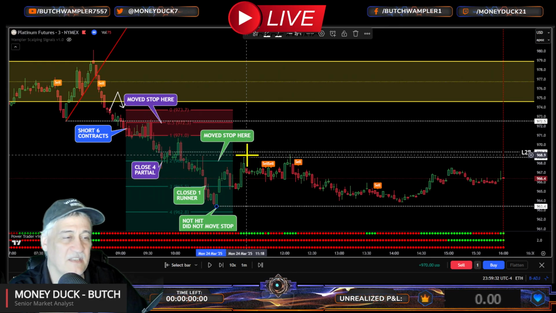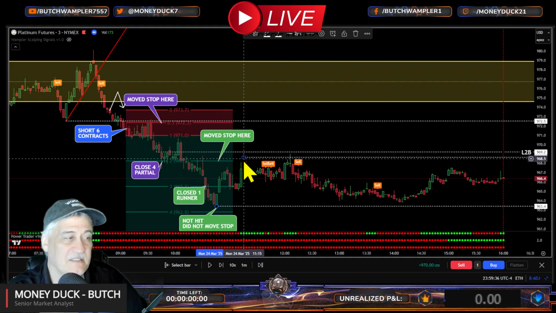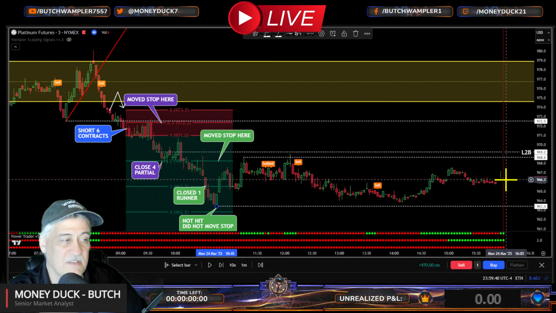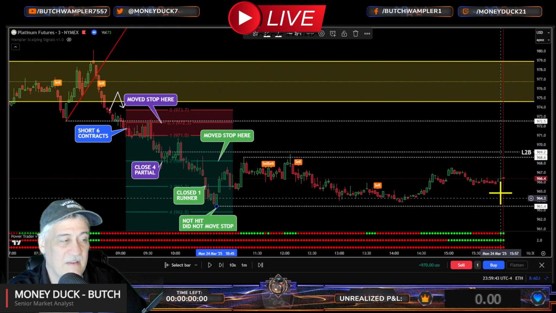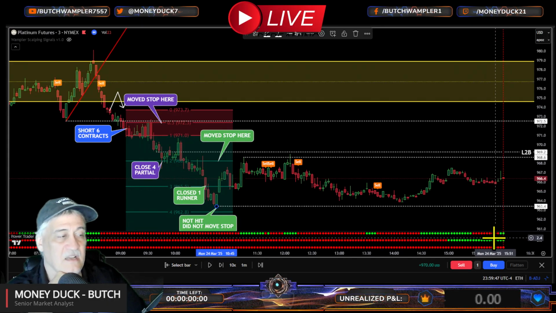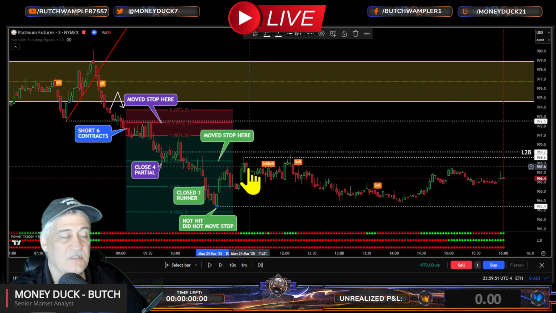And you look at this line where my stop would have been moved. I would have got stopped out here. And if you look at where I would close at 4, it's not quite 50%. It's a little bit shy, maybe 40% of that move. So I lost back 60% of this whole swing here.